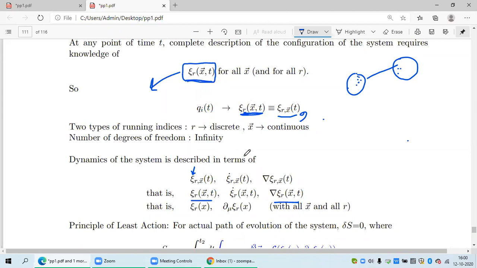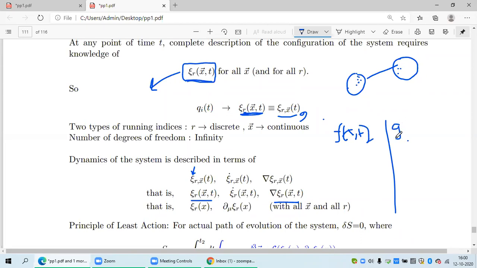Look at it this way. Suppose you have two different field configurations. What does that mean? Two different field configurations means you are talking about two different configurations. Say one is f of x, t, one field.